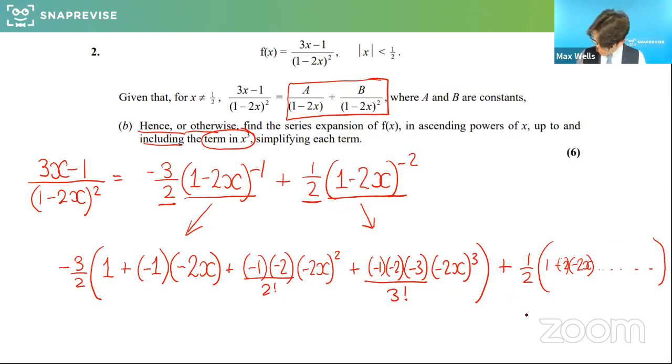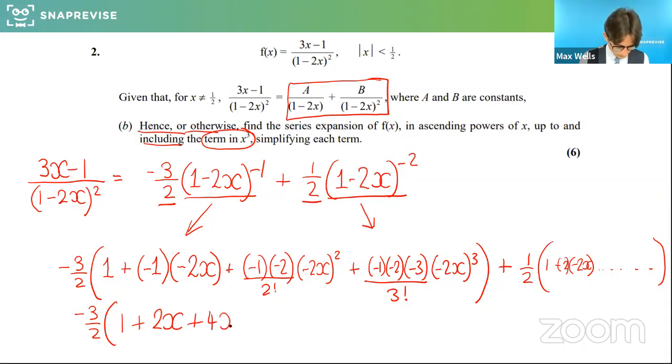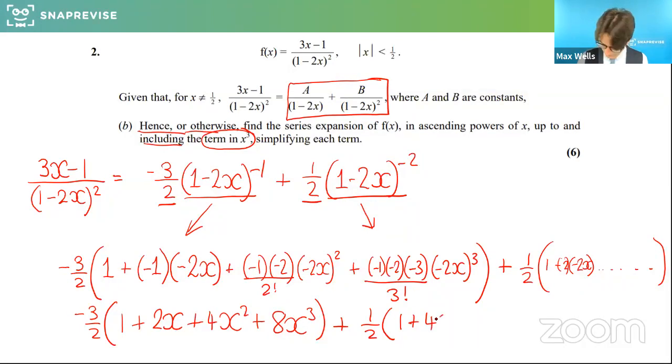And then what we do is when we tidy this up, expanding this all out and using your factorials, this will become -3/2 lots of 1 plus 2x plus 4x squared plus 8x cubed plus, and then this bit was, the factor was 1/2, 1 plus 4x plus 12x squared plus 32x cubed, and so on, all the way up.